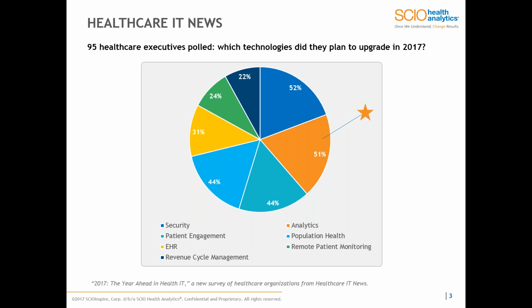Interesting that when you look at the other areas that were indicated, and obviously they could select more than one, you look at population health and patient engagement, both at 44%, and then also remote patient monitoring, 24%, revenue cycle management, 22%, EHR, 31%.